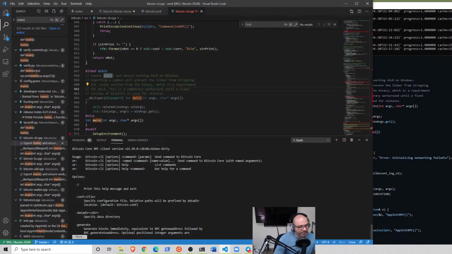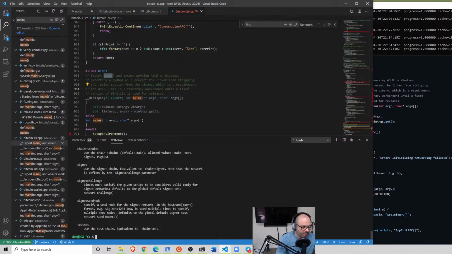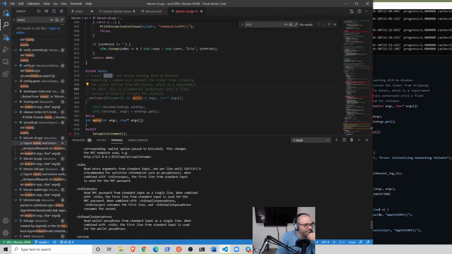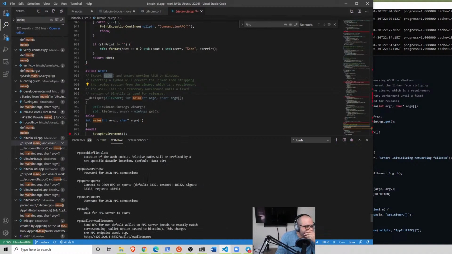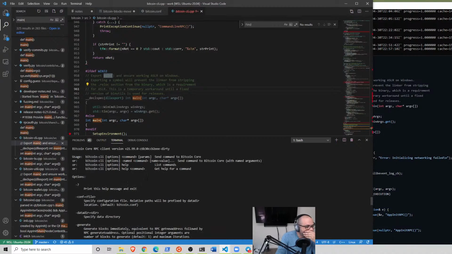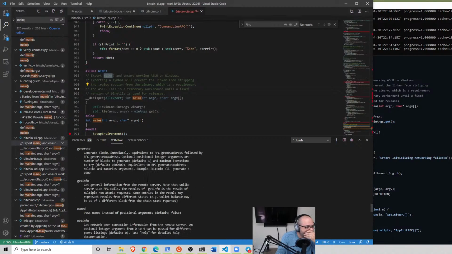Specify a config file. Use the test chain. getinfo.